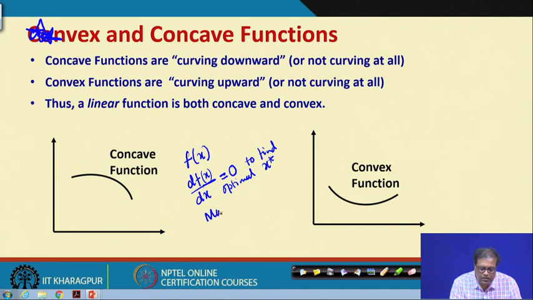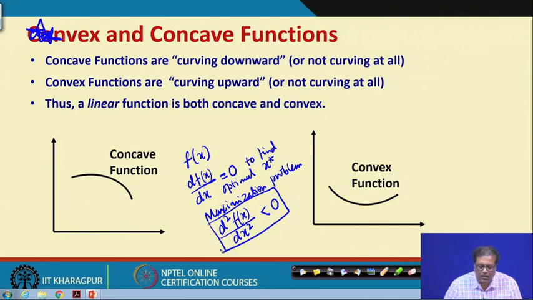Suppose we have a maximization problem, then additionally we have to take what is known as a second derivative. For a maximization problem, the second derivative should be negative, that is the point to be noted.